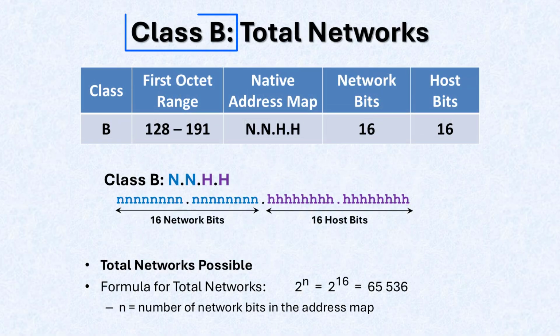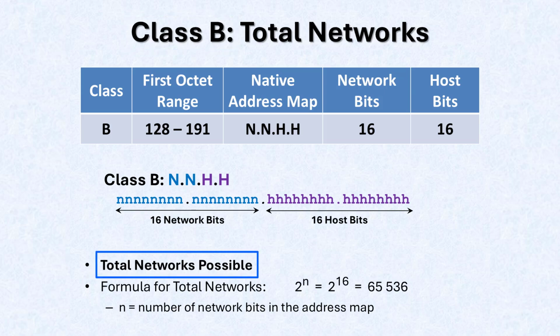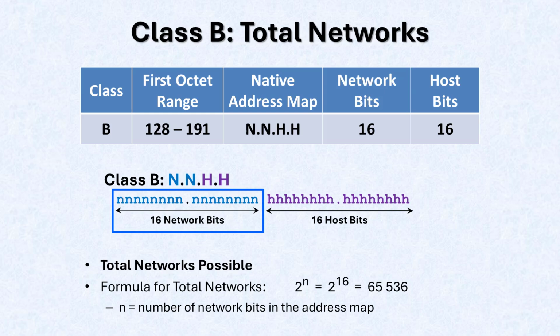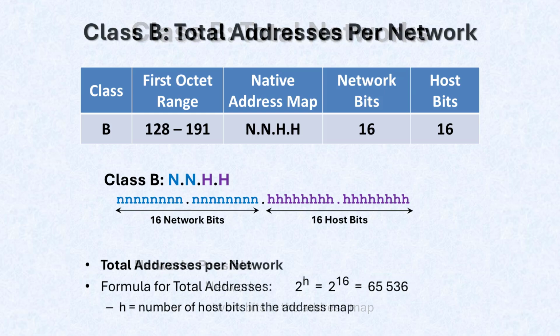Let's look at Class B addresses. To determine the total number of networks in the Class B address space, use formula 2 to the n, where n is the number of network bits in the address map. Since there are 16 network bits, set 2 to the n equal to 2 to the 16th power. This equals 65,536. For the total number of addresses in each Class B network, use formula 2 to the h, where h is the number of host bits in the address map.